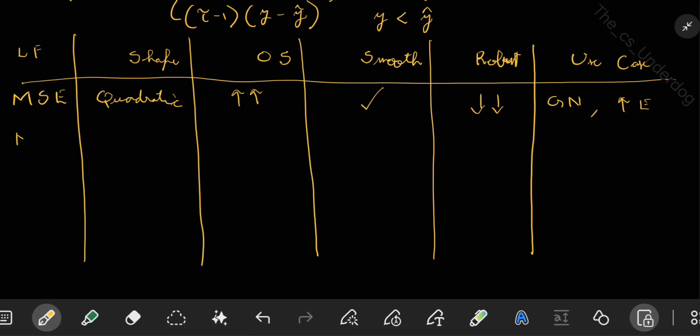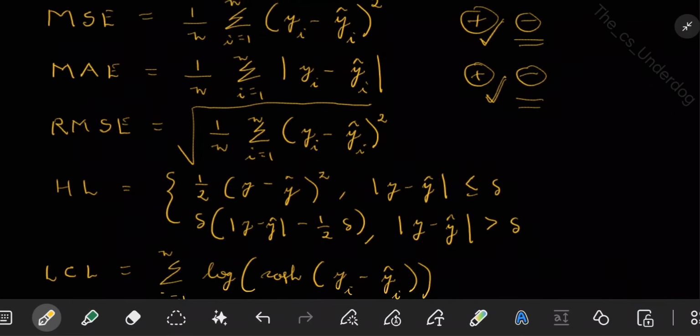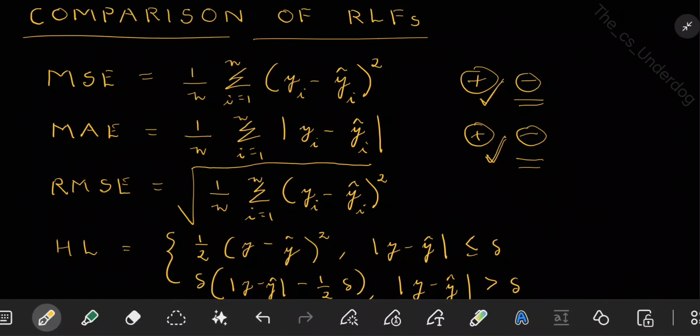Next loss function is mean absolute error. First, let us check the mean absolute error formula. It says 1 by n into sigma i equal to 1 to n, mod of yi minus yi cap. So what is the difference now? The difference is the squared term is gone.